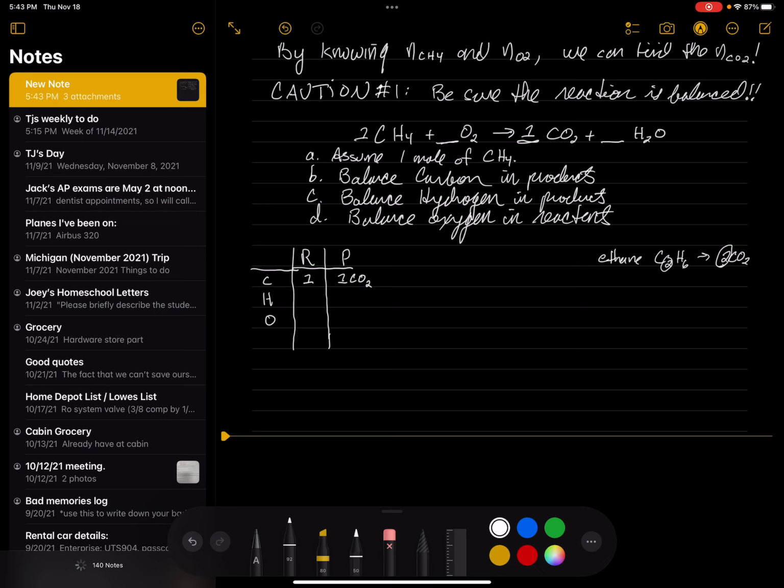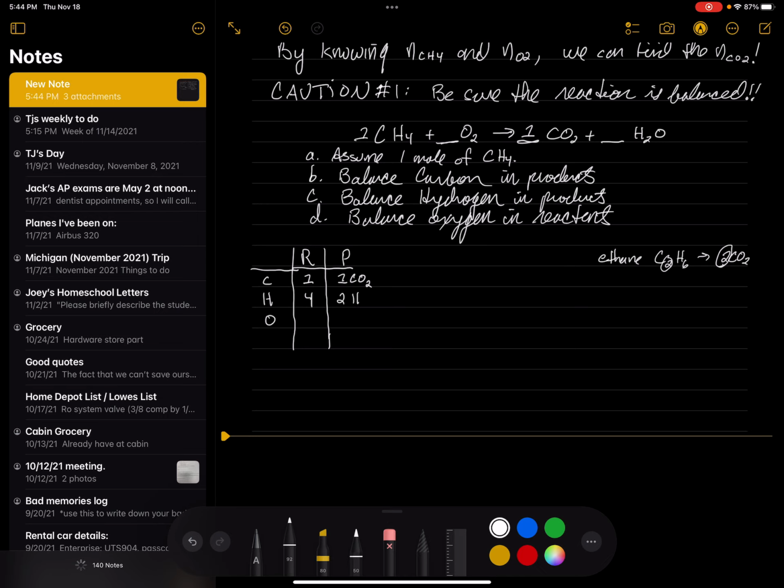Okay, now I have 4 moles of hydrogen atom in my reactants, and I have 2 moles of hydrogen atom per water molecule in my products, and so I need 2 times 2 moles of water. Let me rewrite it this way.